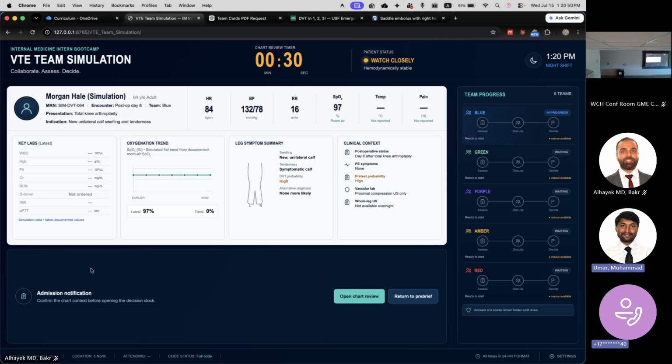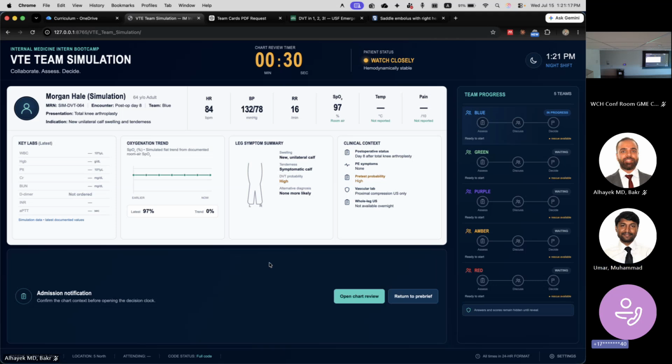All right, so this is the first patient, Morgan Hale. This patient is a 64-year-old adult here for total knee arthroplasty. Today is day 8 after the surgery, and they are having new unilateral calf swelling and tenderness.